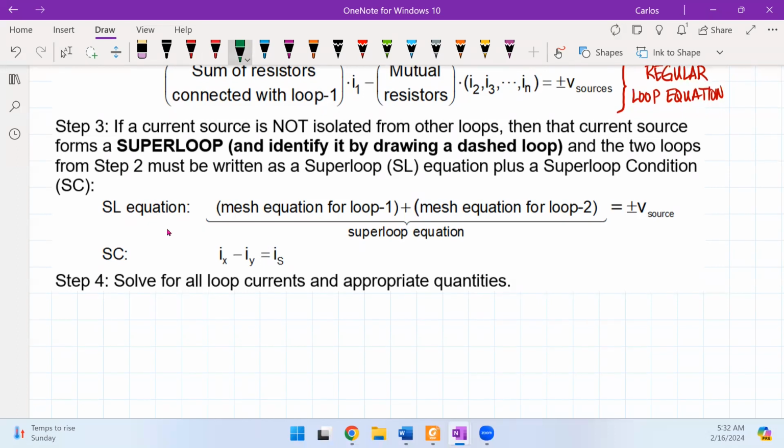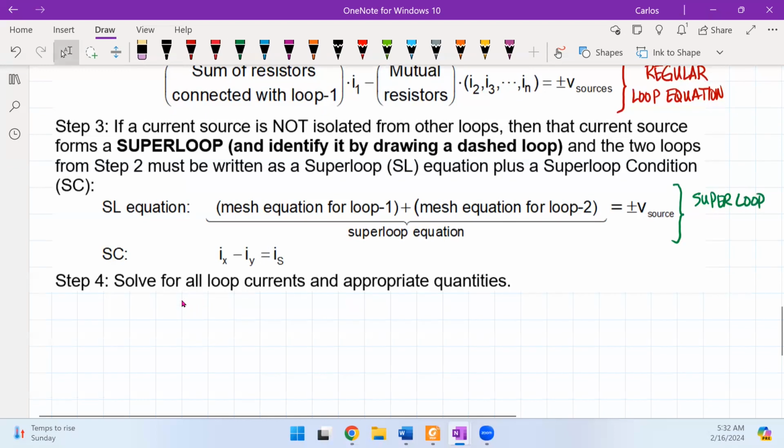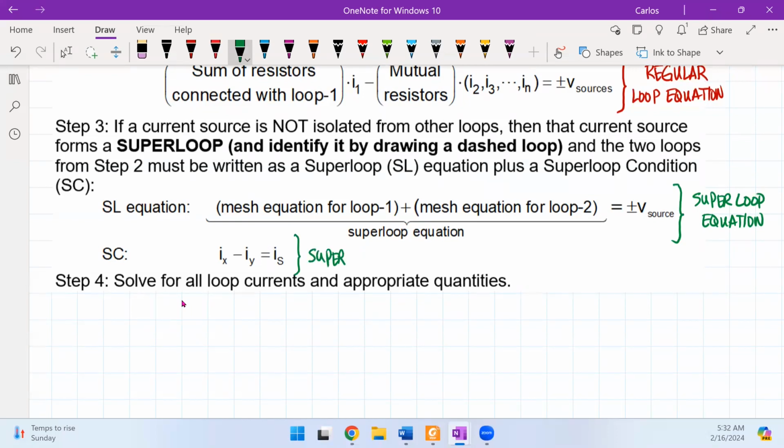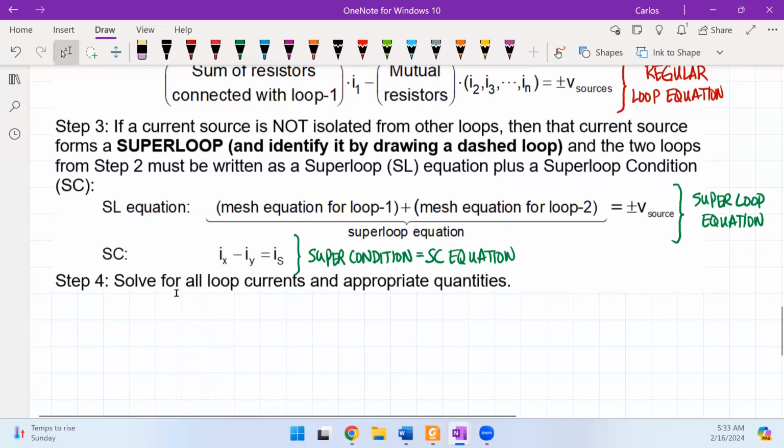So this is the super loop equation, and this right here is the super condition. That is, it's KCL applied to the current source, which we call the SC equation. If we write those equations out, we can solve for all of the loop currents and quantities that we need. So let's apply this to our situation.